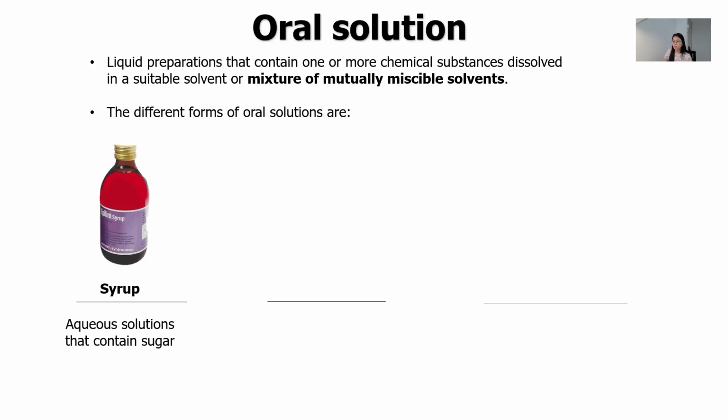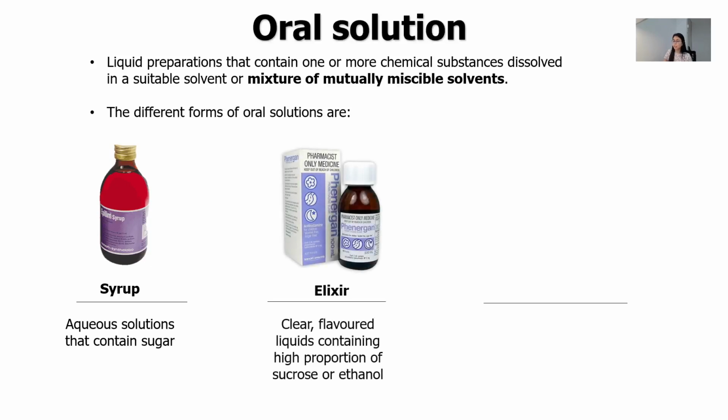When we say syrups, we can expect that the solution contains a very high content of sugar. That's why we call it syrup. Elixir is basically a clear and flavored liquid that contains a high amount of sucrose, which is another form of sugar, and also ethanol.